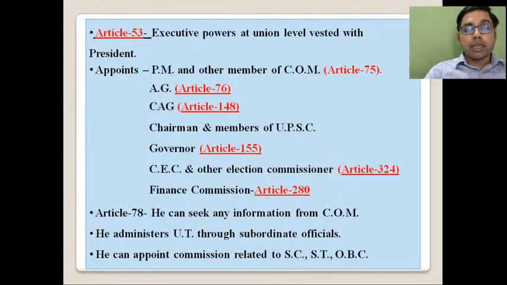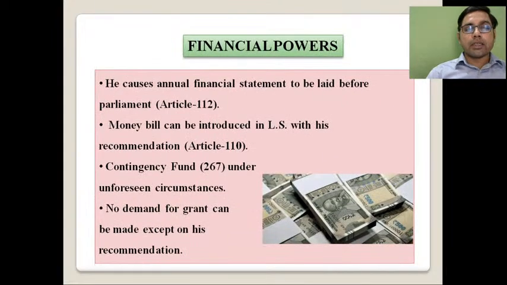Then he may appoint commissions related to backward sections of society like scheduled castes, scheduled tribes, and other backward classes. From time to time, to verify what kind of improvement in their social, economic and educational condition has taken place, the President may appoint such commissions to look into the conditions of these backward sections of society. So that is another executive power of the President.